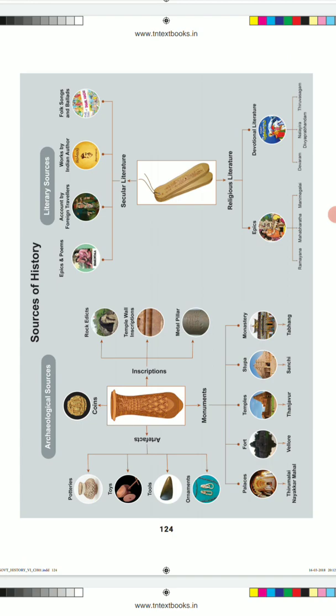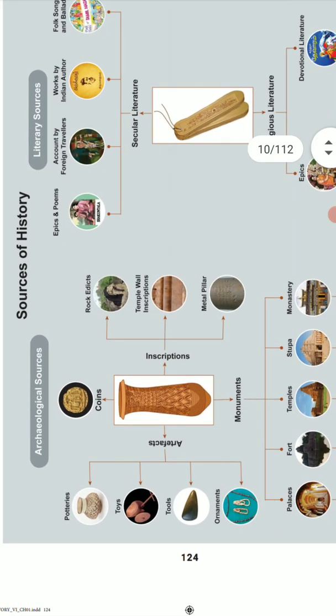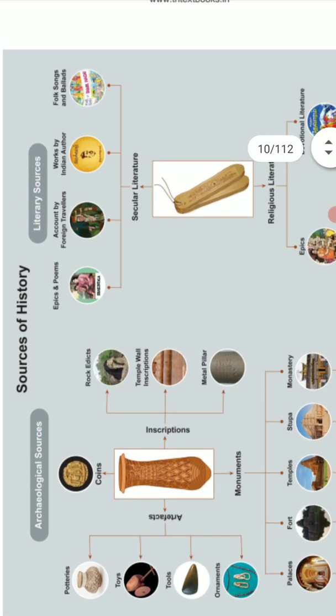Children, sources of history are very important in history. Sources of history are divided into two types: archaeological sources and literary sources.